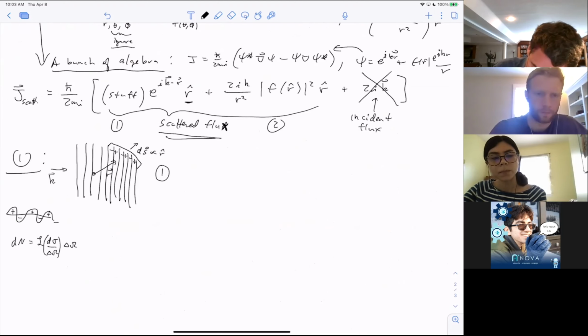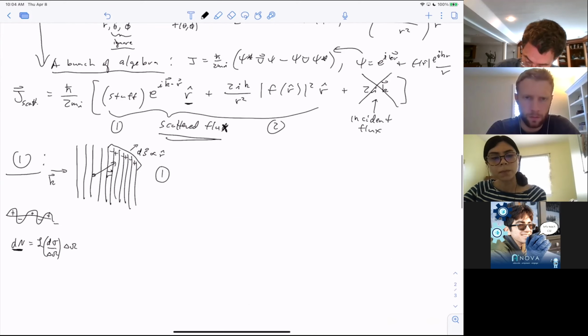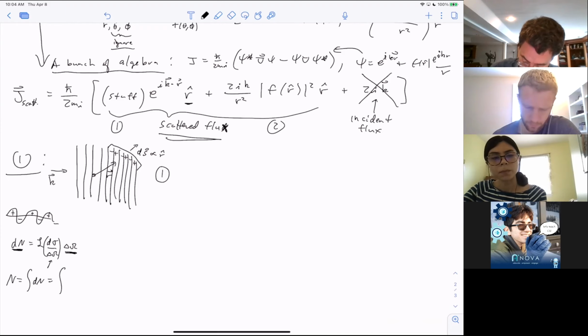So the number of particles per time into my detector dN is L, the luminosity, times d sigma over d omega, times delta omega. That's the differential cross section. But then there's this delta omega, so that is the integral, because the number of particles is the integral of dN. I'm just saying there's always going to end up being some integral somewhere.